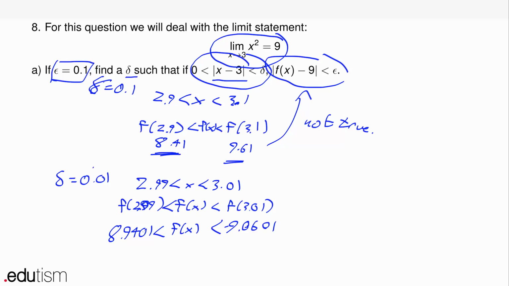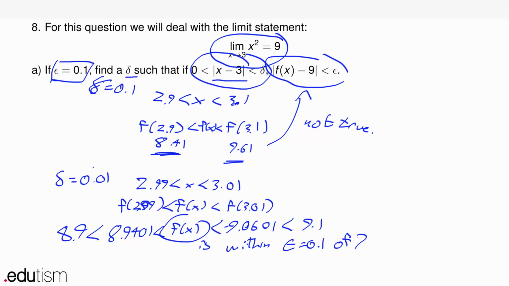So f of x is between these two numbers, between 9.1 and 8.9. So f of x is within epsilon equals 0.1 of 9. That means that delta equals 0.01 will work. This is a value of delta that is okay.